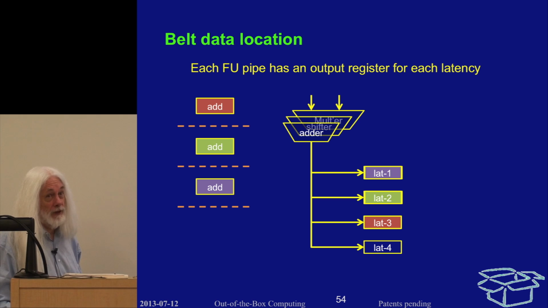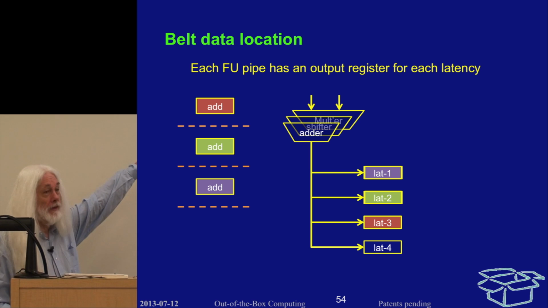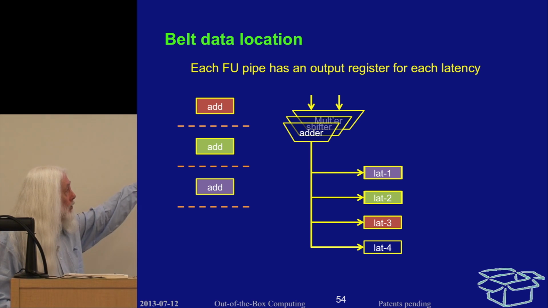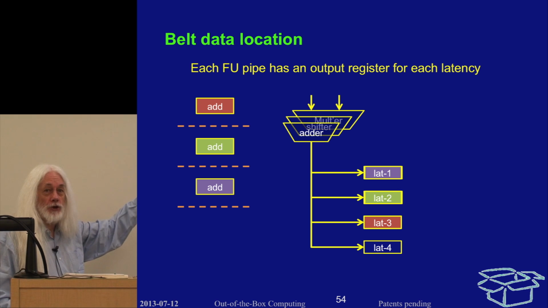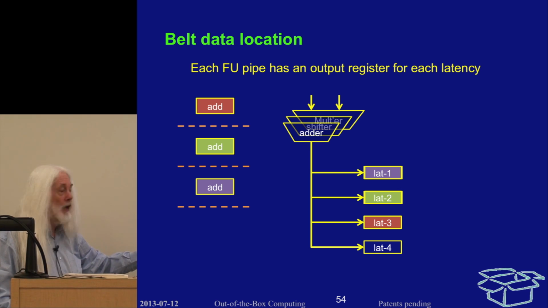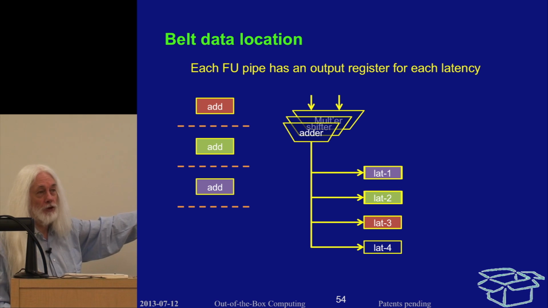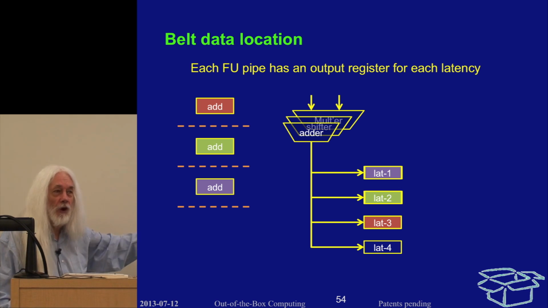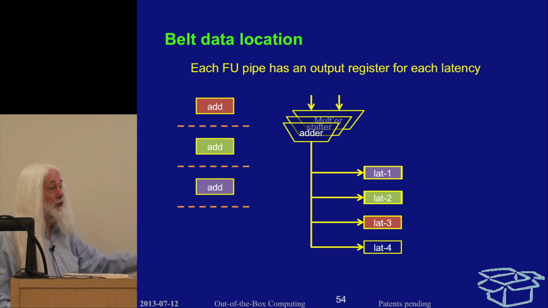The effect of this is that when we need to save values, within any given pipeline, they can always daisy chain to the next higher latency each cycle. So the save that we have to do, we only have to save the values that are coming off the longest latency register. Everybody else can simply move along.